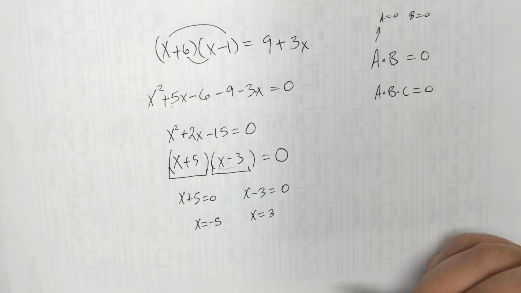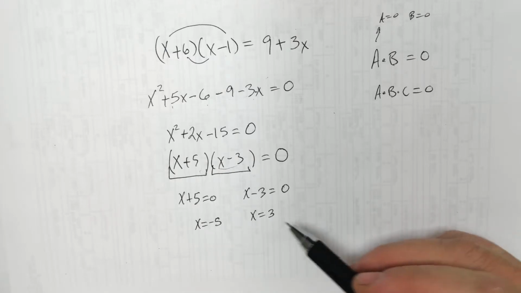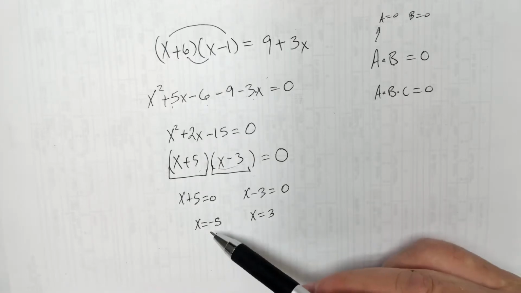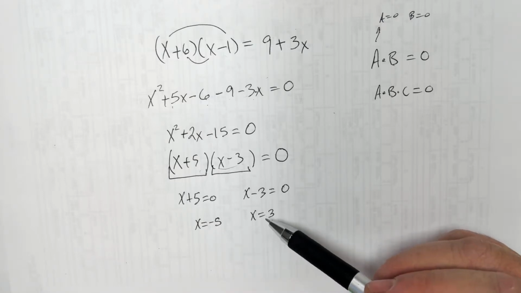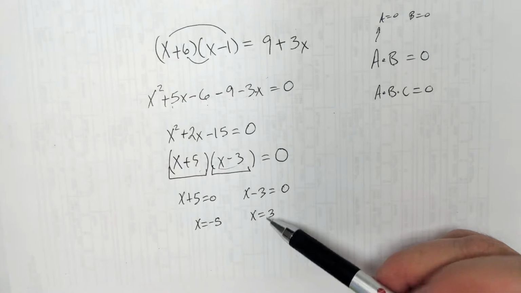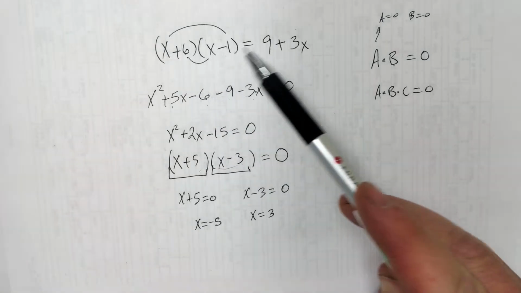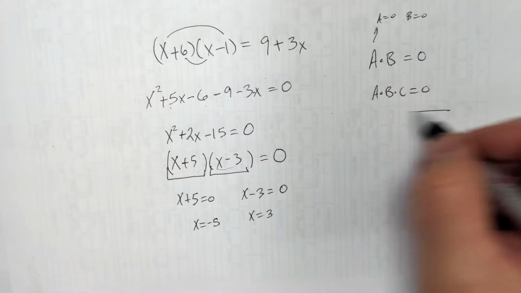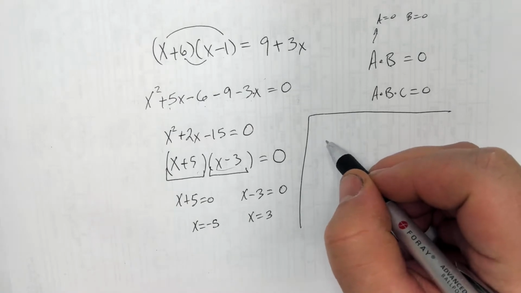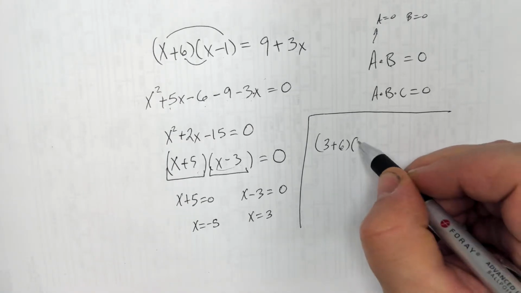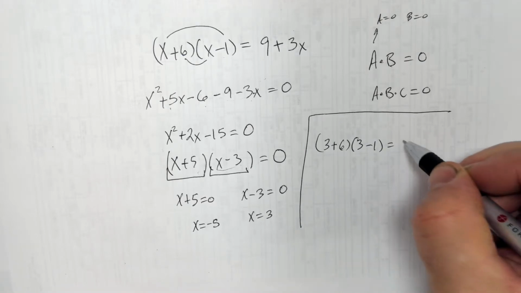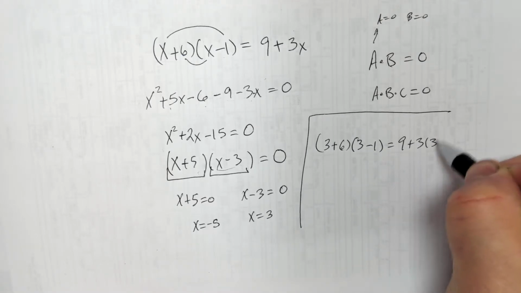Now, Alexa, here's what I'm going to do. I'm not going to check them both because I don't want to spend a ton of time doing it. But let's pick one of these answers to check. Which one do you want to check? Negative 5 or positive 3? Positive 3. So I'm going to take positive 3, plug it into the original equation and see if it's true. So we've got 3 plus 6 times 3 minus 1 equals 9 plus 3 times 3.